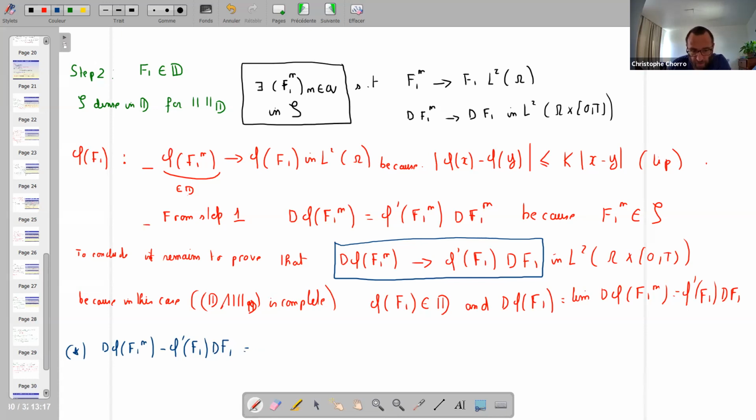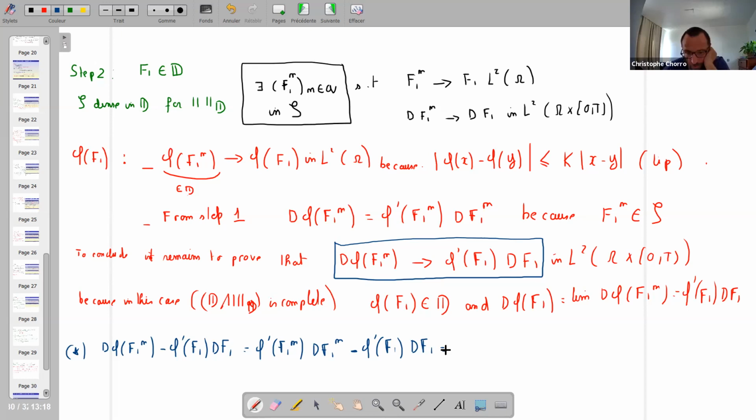So I can write phi prime F1n D F1n minus phi prime F1 D of F1. And keep in mind that I have some hypotheses. I know that F1n converges toward F1 in L2, and D of F1n converges toward D of F1 in L2.